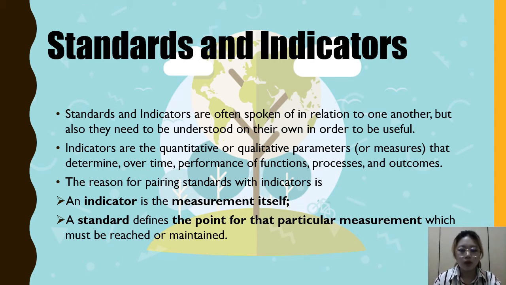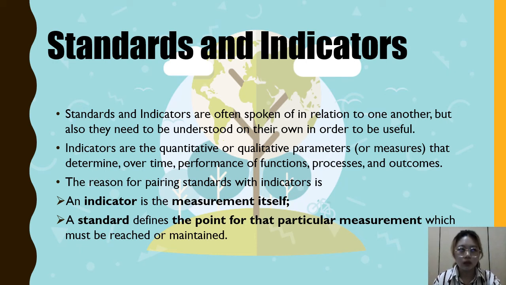The reason for pairing standards with indicators is that an indicator is the measure itself, while a standard defines the point for that particular measure which must be reached or maintained.